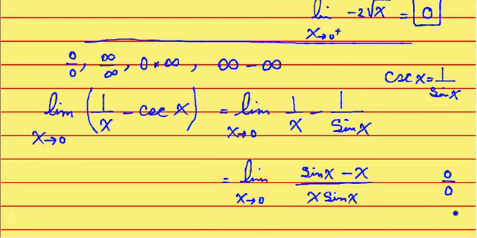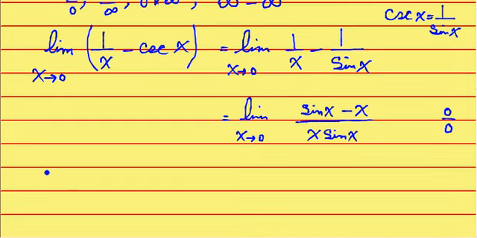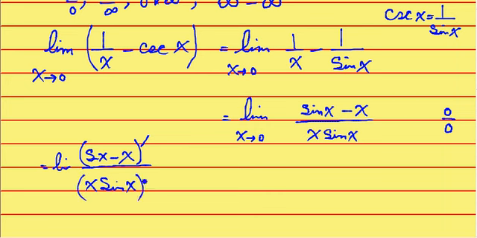What do I do with it? Well, now I go ahead and apply L'Hospital's rule. I say this is the limit of, let's indicate what you want to do: differentiate this one and also differentiate this one. If this limit exists, it's going to be equal to the original one.